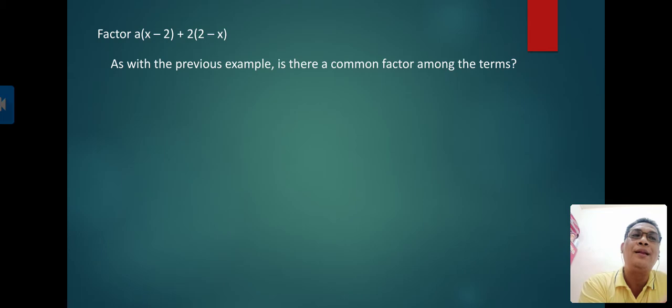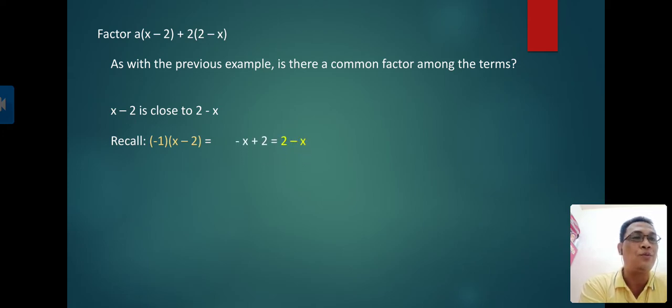If you look at the example, x - 2 is close to 2 - x. Now if you recall, if I multiply negative 1 by x - 2, we get negative x + 2, or we can write it as 2 - x. And that is the commutative property of addition.